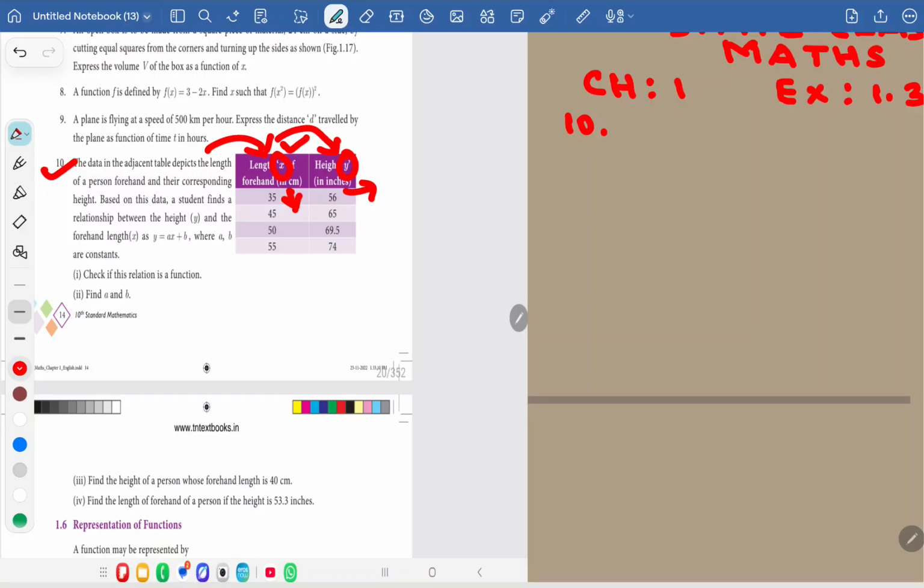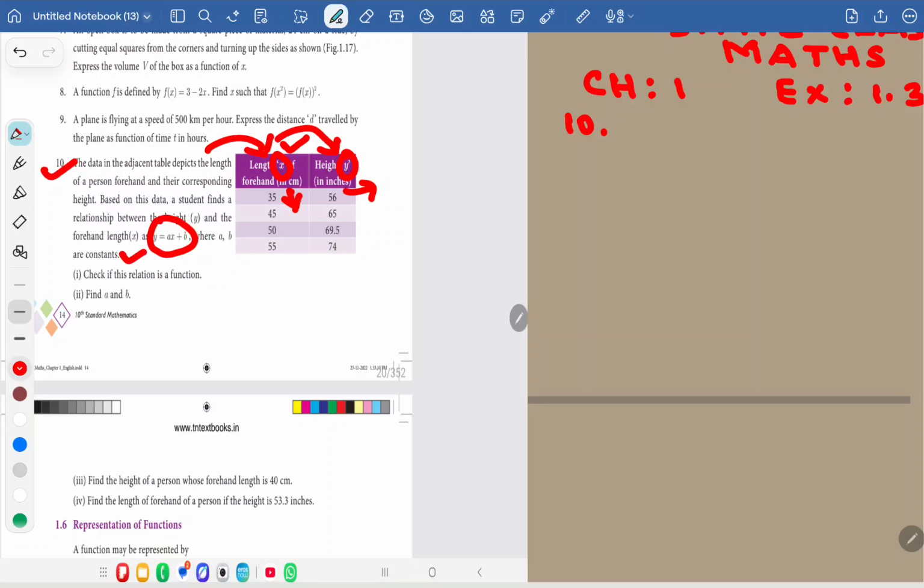From this data, find a relationship between height y and forearm length x as y equal to ax plus b, where a and b are constants.